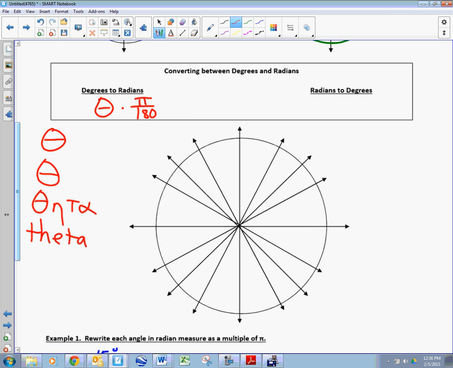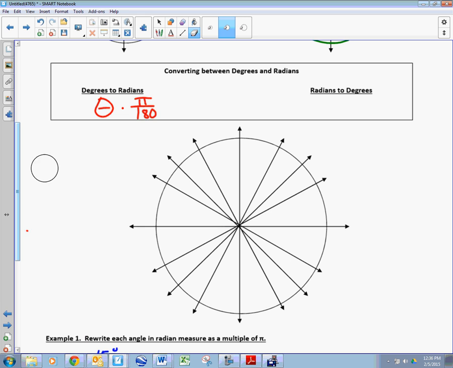So if you take theta and multiply it by pi over 180, that's your conversion. It could be x, it's just like x or y, but generally it's always used to refer to angle measure. If you want to go the other way, you take theta and multiply it by 180 over pi.